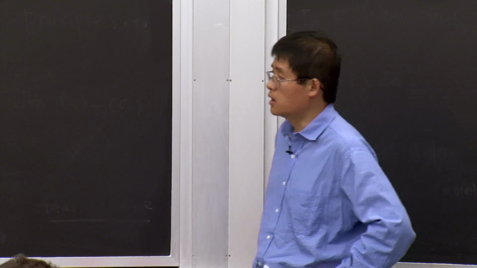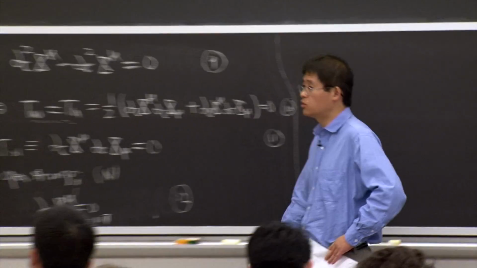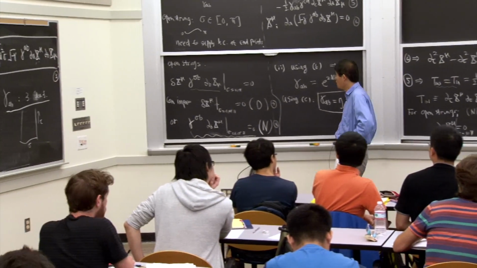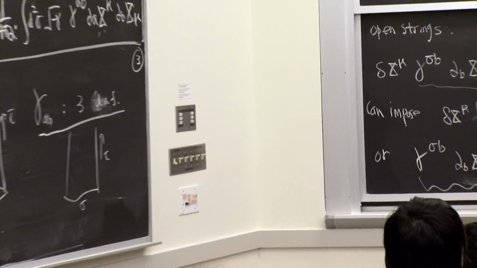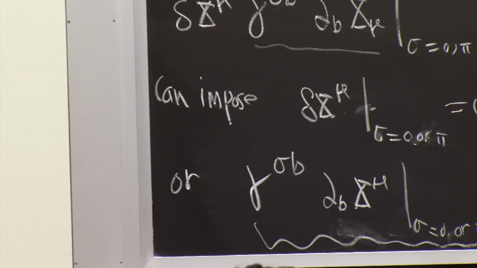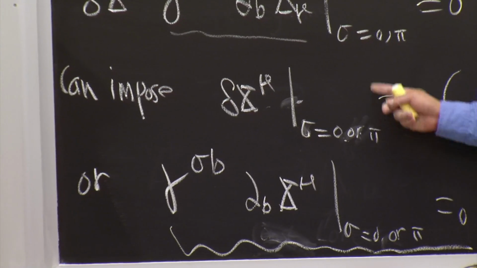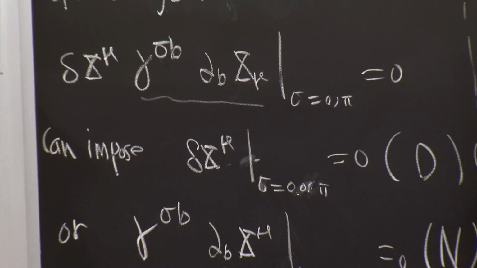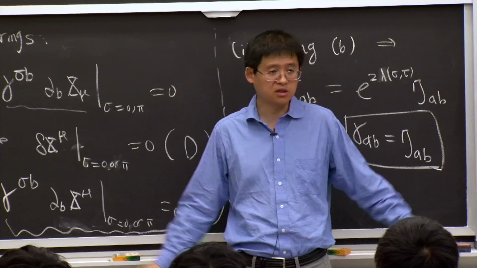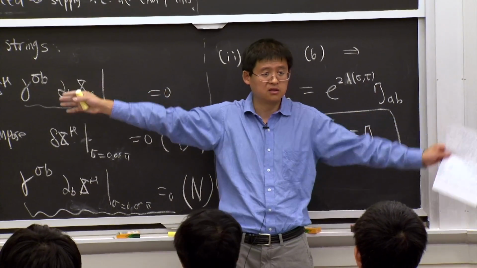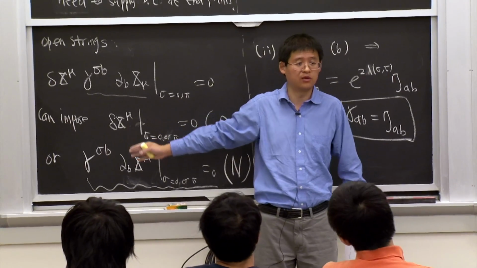Normally in field theory, when you consider, say, an infinite space, we just assume everything goes to 0 at infinity, then we don't even need to worry about the boundary condition.